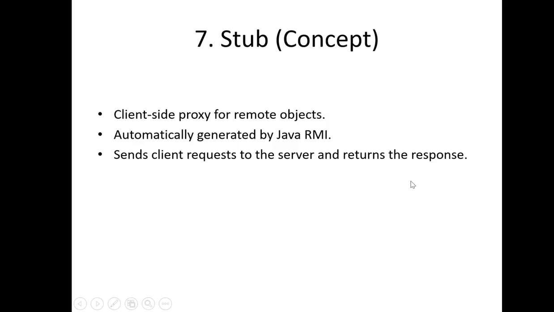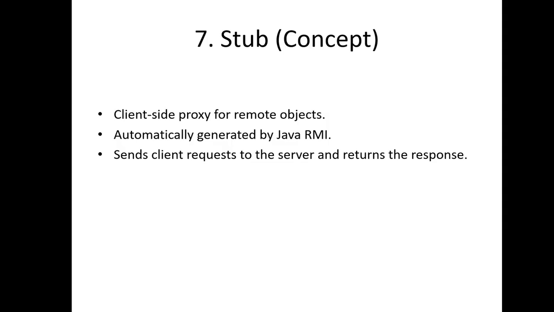And finally, the stub. The stub acts as a proxy on the client side, and likewise another one is called the skeleton, which acts as a proxy for the server side. The stub is also an object that lives on the client side. You need not write it manually.